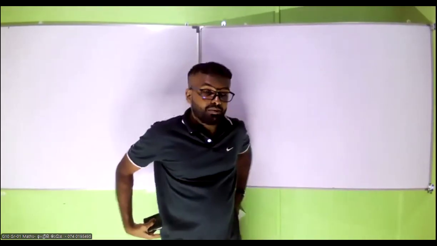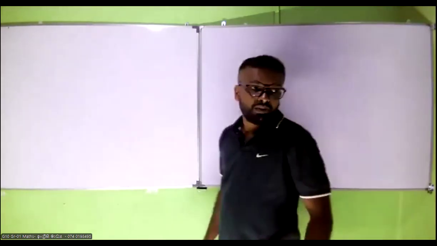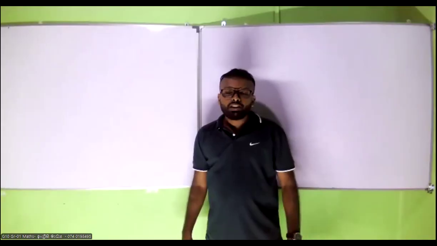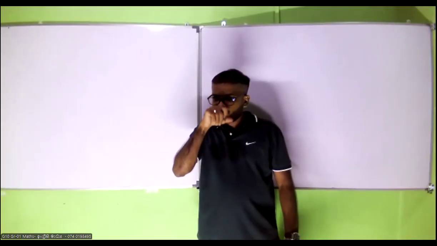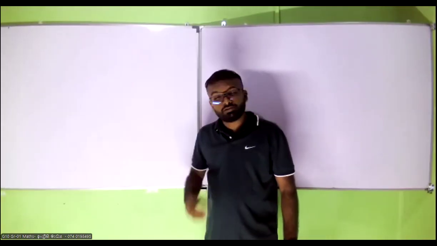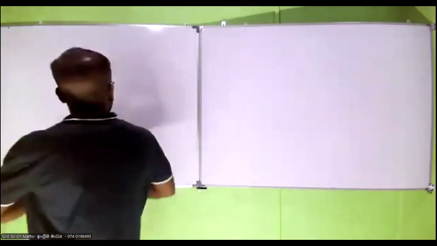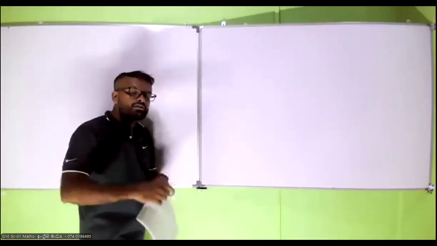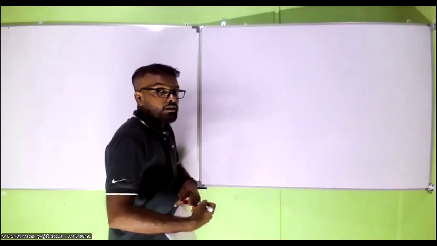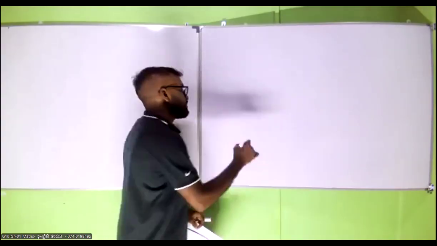Why are we going to learn these things? If we have a calculator, we don't want these things. So let's go to the topic. There are two methods to find the square root of any given number.